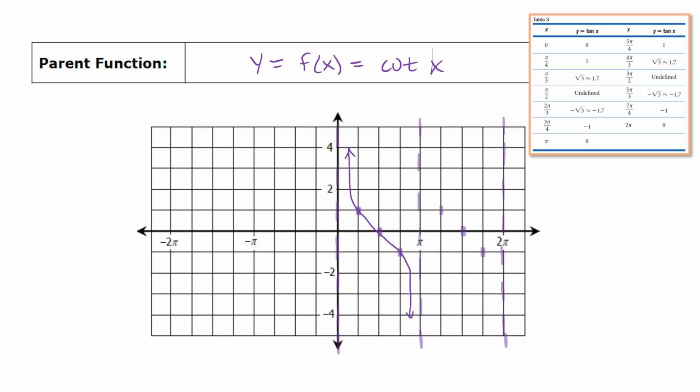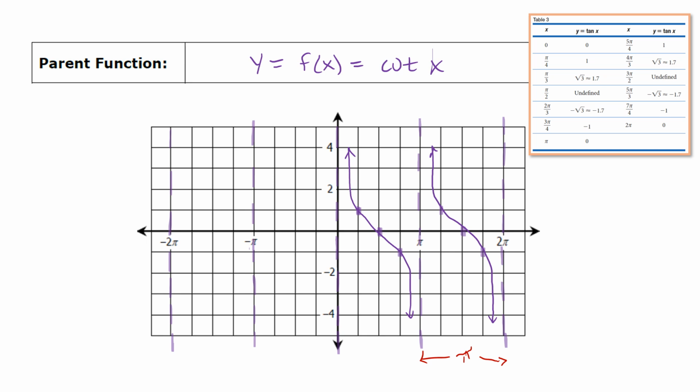Okay, that's 1. Let's go with the other one. They're fun to draw. Alrighty. Okay. So we see here that our period is pi. Okay, so that's one complete cycle. So we can now extend the graph to the left-hand side. So we know we'll have an asymptote at negative pi, and negative 2 pi.